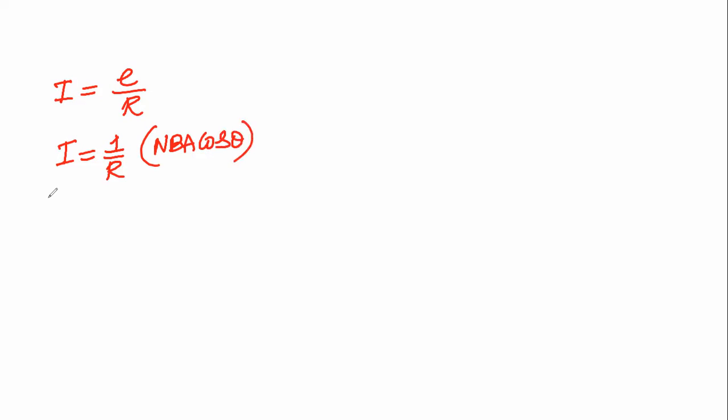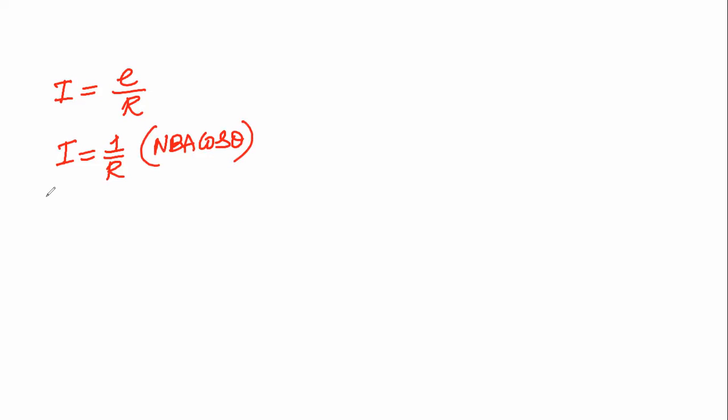Induced current we have to calculate. Induced current I is equal to E divided by R. So I is equal to 1 by R into E, where E is equal to NBA cos theta.